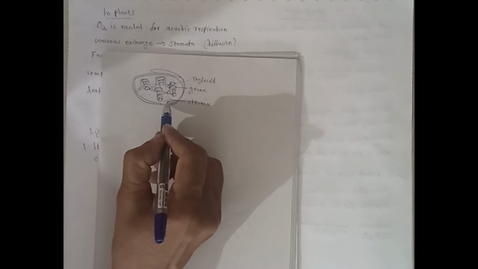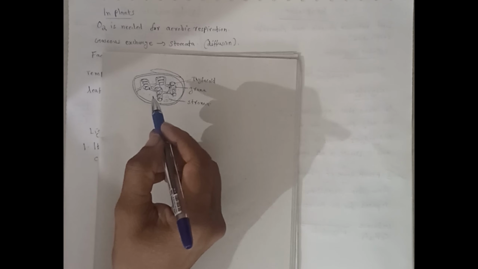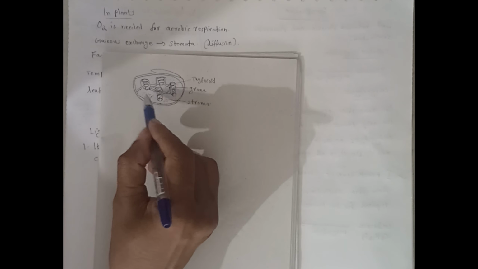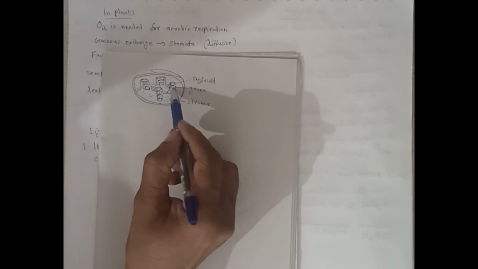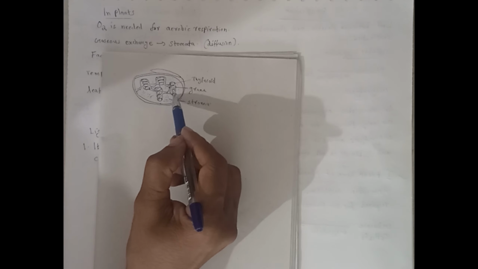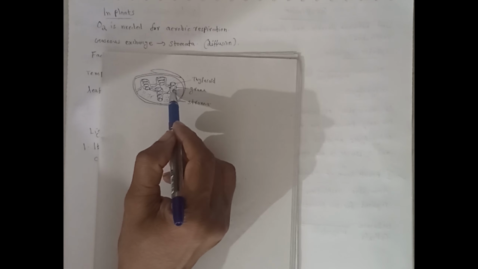Light reaction occurs in the daytime and dark reaction occurs at night. The light reaction occurs in the thylakoid membrane. These are the disc shaped grana, with green pigment.